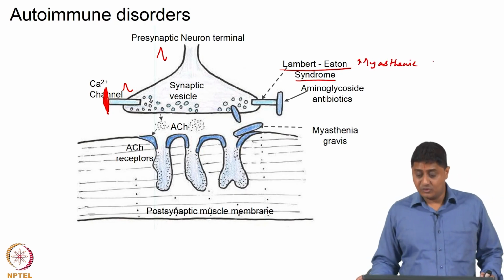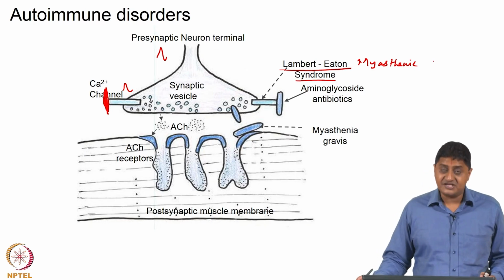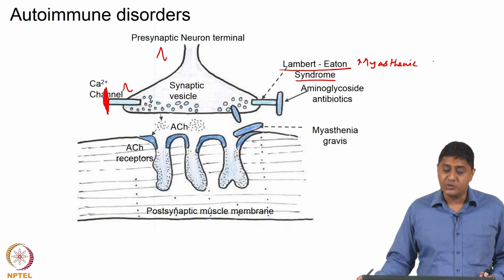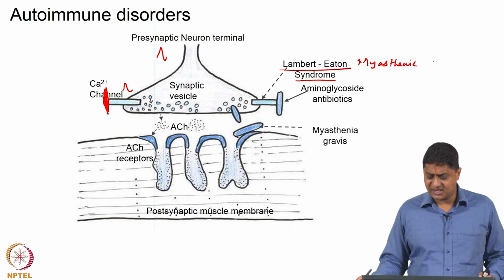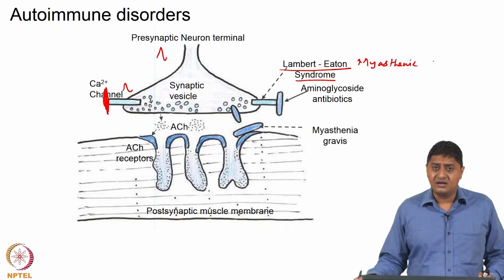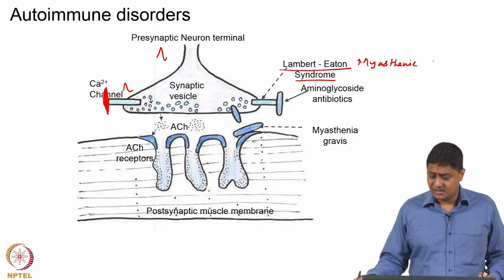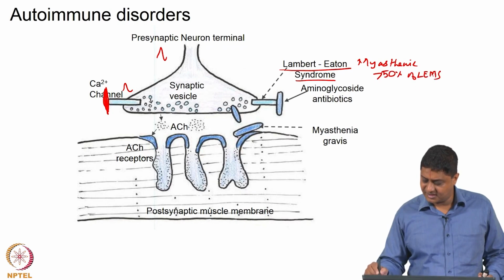Lambert-Eaton myasthenic syndrome is due to blockage of calcium channels by the immune system in an autoimmune disorder. Usually this happens as a side effect of, or a problem associated with, cancers; in more than 50% of cases, Lambert-Eaton myasthenic syndrome is due to cancers.